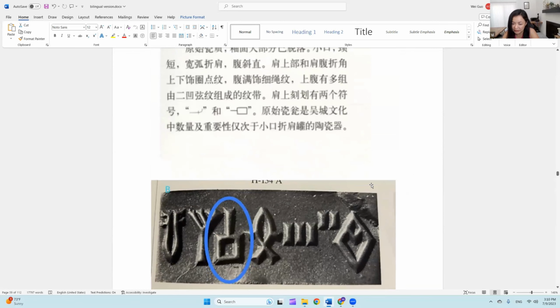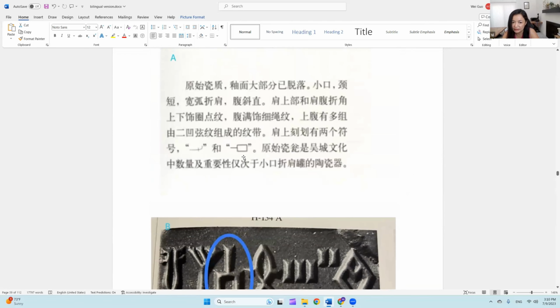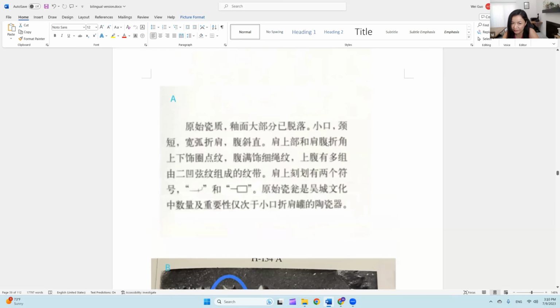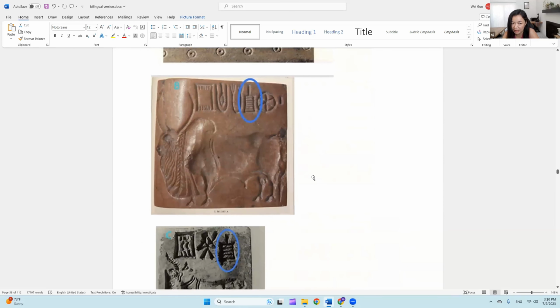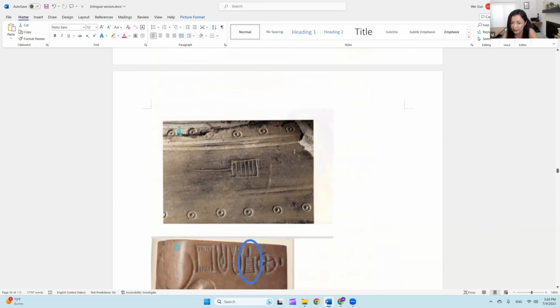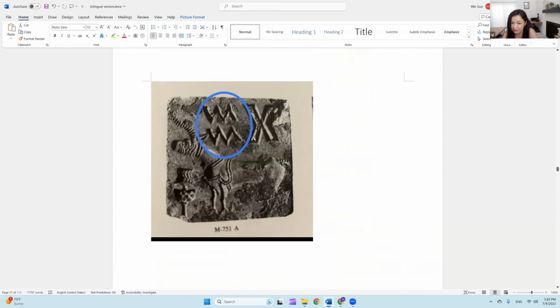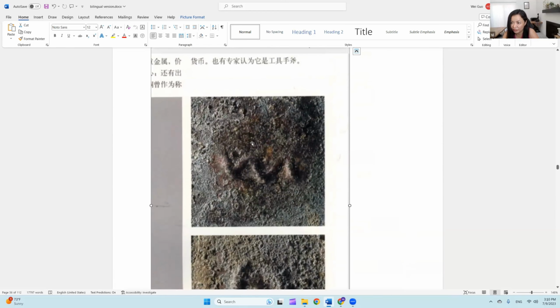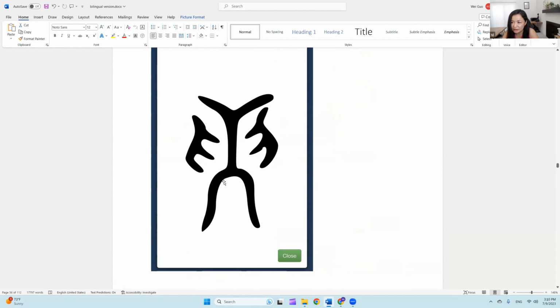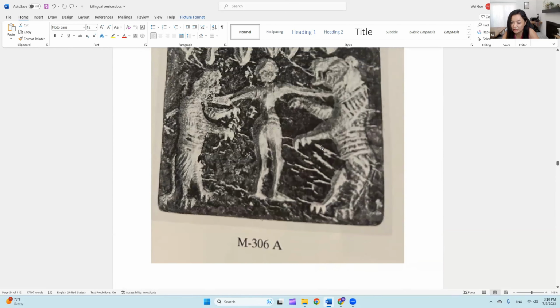This is an Indus sign. This is the sign on Chinese artifacts. These are Indus seal signs. These are signs on Chinese artifacts. This is the Indus sign. This is a sign on Chinese bronze artifacts. This is a Chinese Shang Dynasty character. This is a sign on Indus.